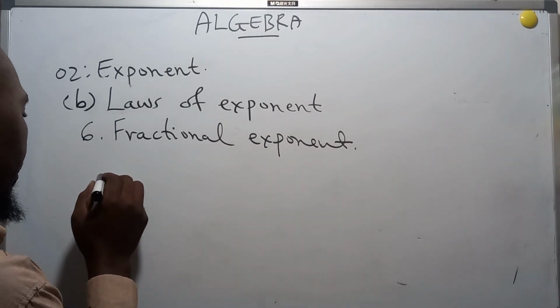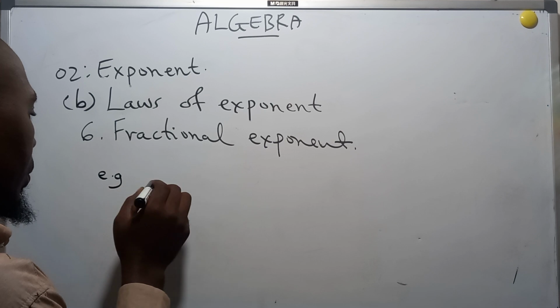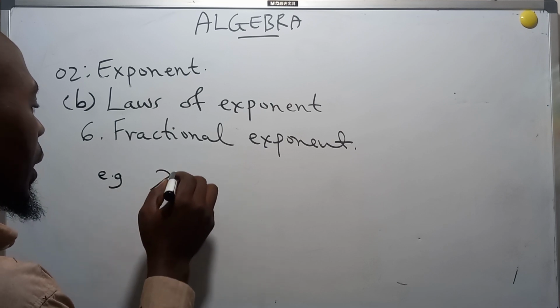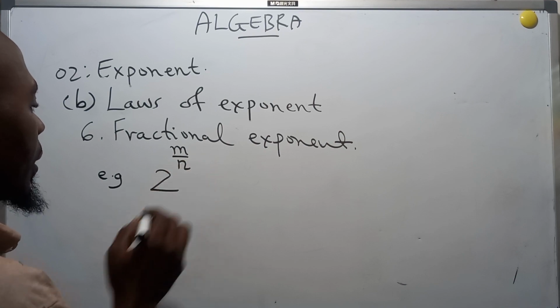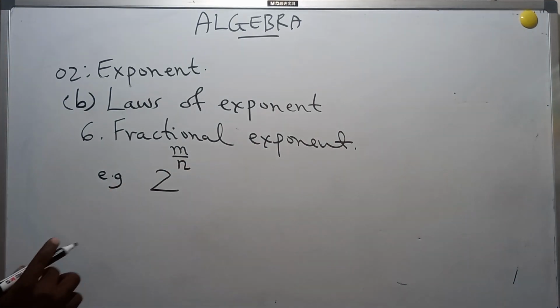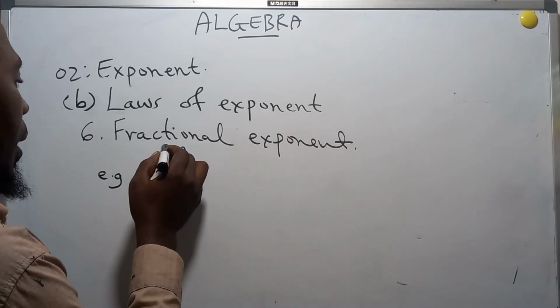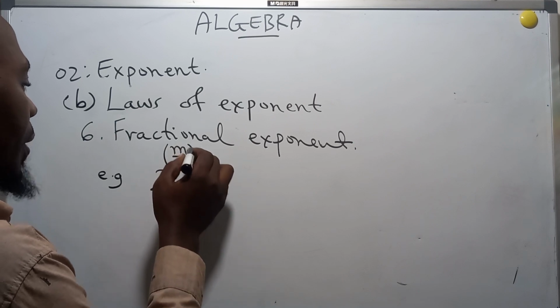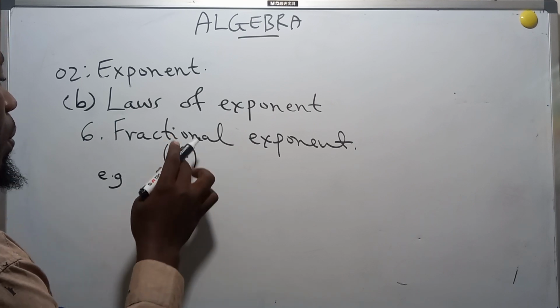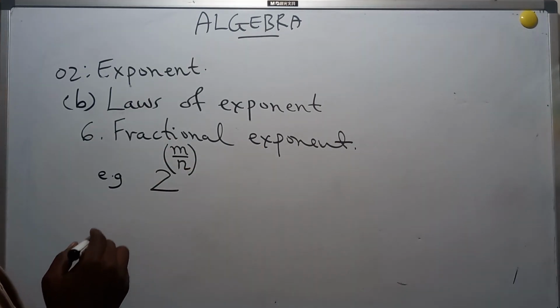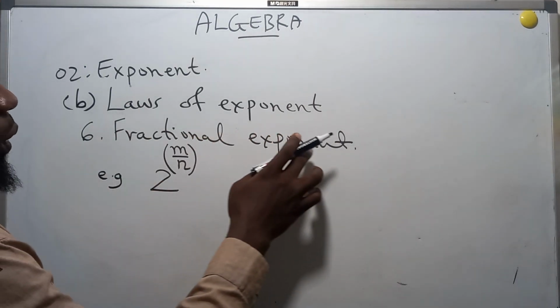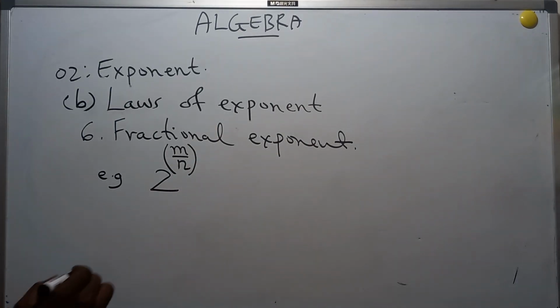For example, 2 raised to m over n. 2 is a number whose power is a fraction, which is m over n. And this fraction is what we call fractional exponent.